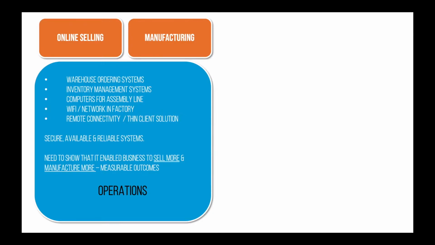So 6 months down the line, the IT director or the CIO wants to demonstrate how IT has enabled certain business outcomes, and they can't, because they didn't agree any measurable business outcomes.